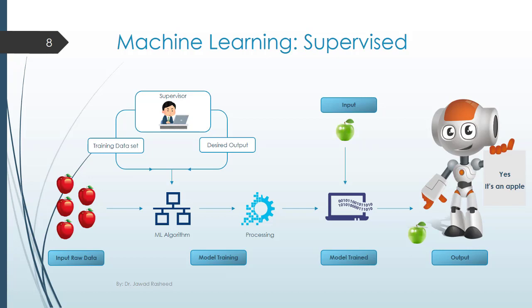So let's simplify it by rephrasing the mathematical definition as I told you before, as a machine learning method where each instance of the training dataset is composed of different input attributes and an expected output.